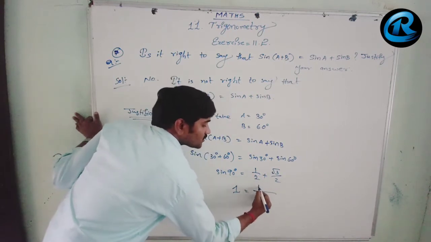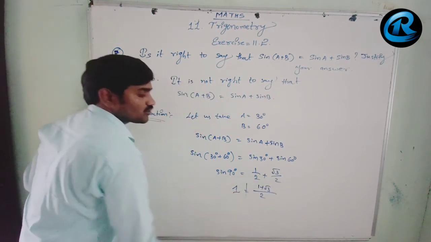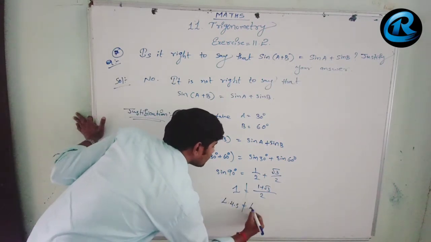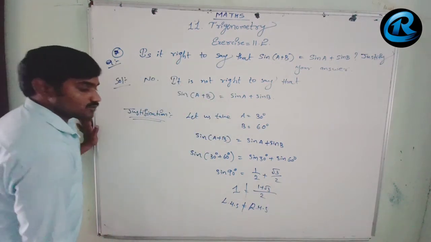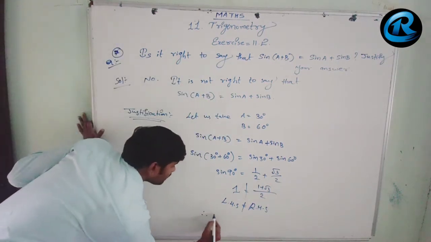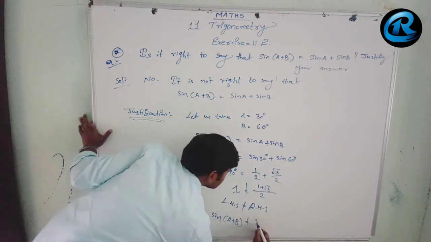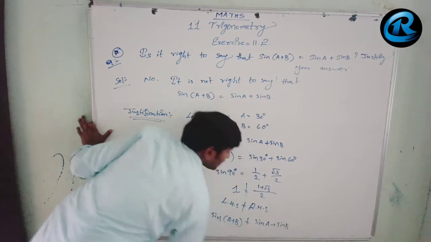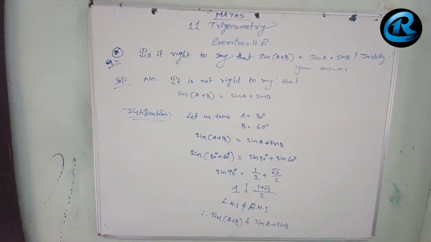These two are like fractions, so write the numerator. That 1 is not equal to 1 plus root 3 by 2. Hence here LHS is not equal to RHS. So we can say that therefore sin A plus B is not equal to sin A plus sin B. I hope you understood this one.